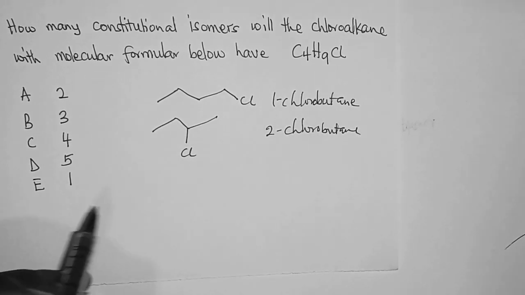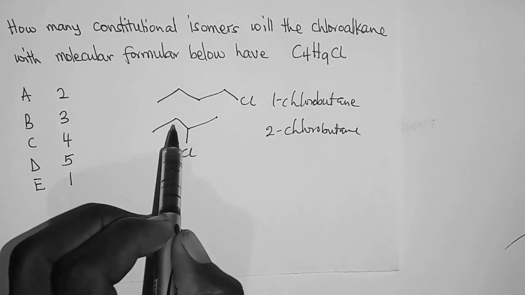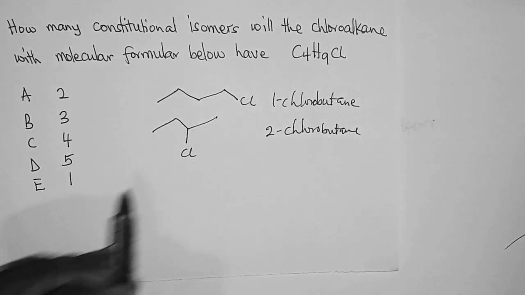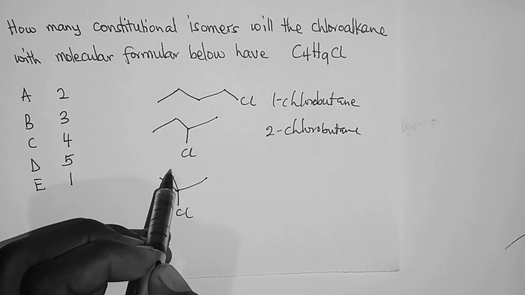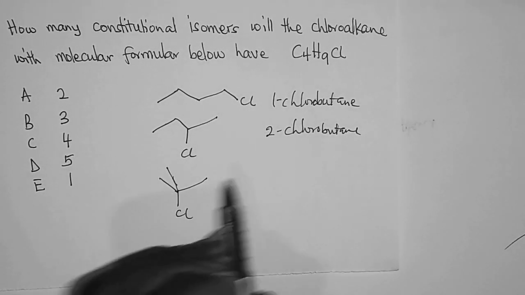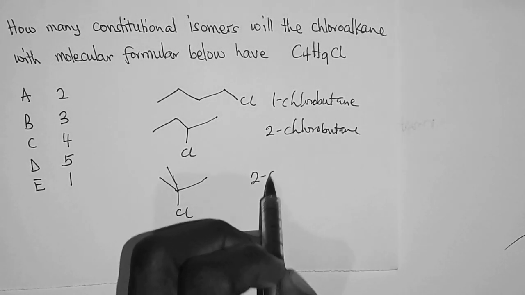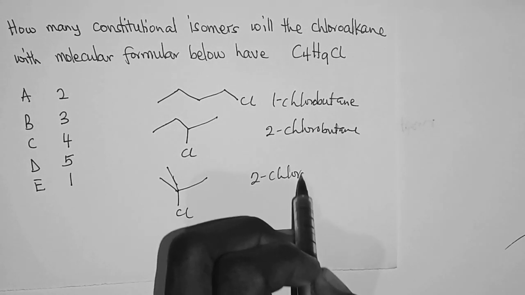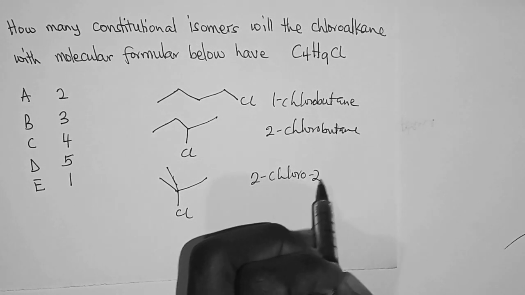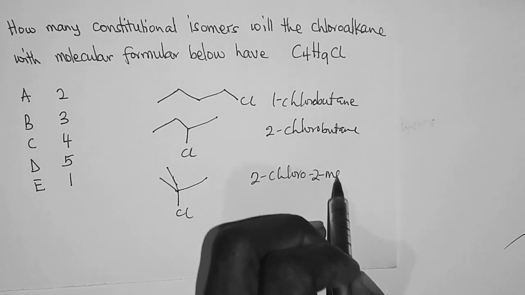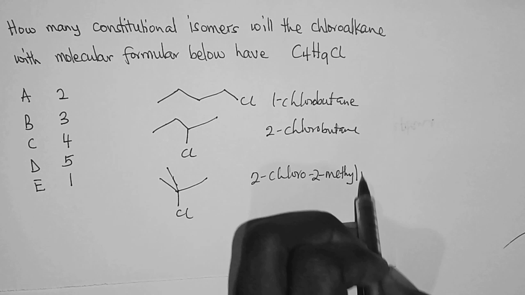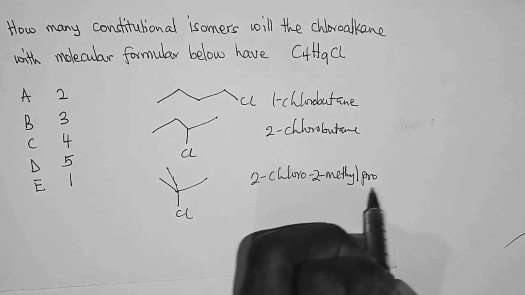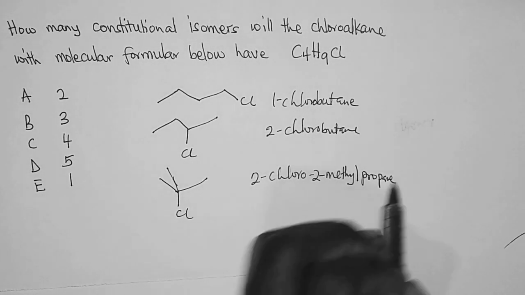Then what we can also do is move this methyl group here, so that we have this molecule, which is 2-chloro-2-methylpropane.